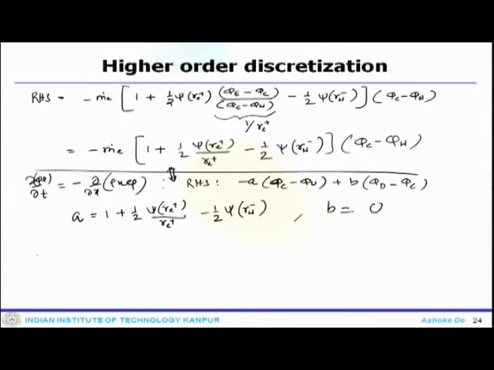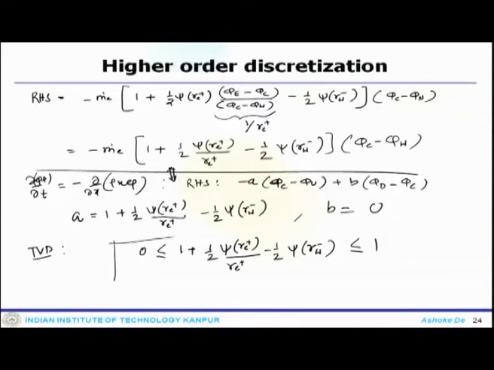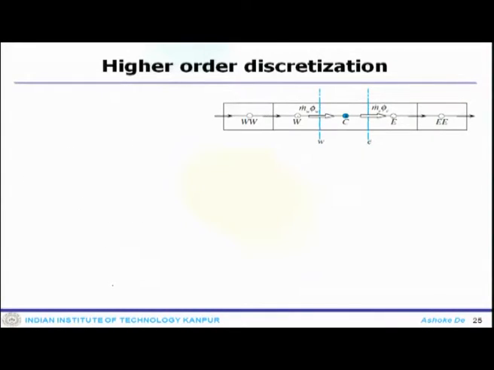So, for this scheme to be a TVD based scheme, it has to have 0 less than 1 plus half psi r e plus by r e plus minus half psi r w minus less than 1. This was the stencil we are talking about.